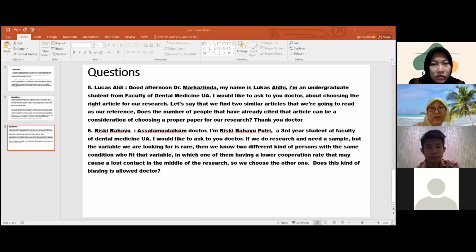So, this may actually affect the result, but we have a method to control this. Maybe later when you do your postgraduate, you will learn about intention to treat analysis. So, if you include the person yang tadi tu lower cooperation rate, you can include them in. But then when you analyze, you have to use a certain analysis to control this, to consider this dropout. Okay, I hope ini boleh menjawab.